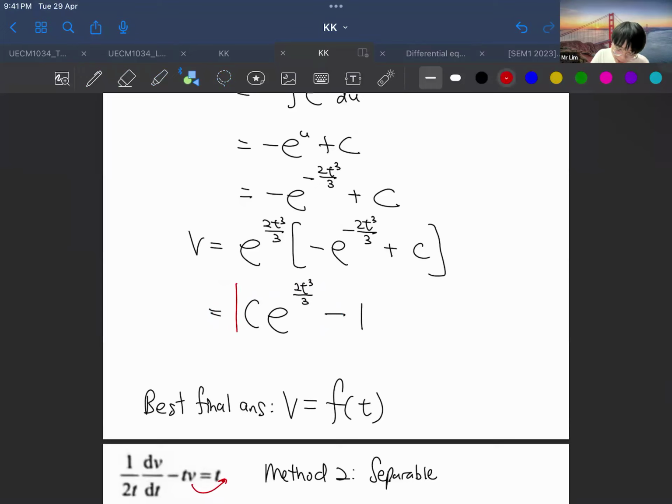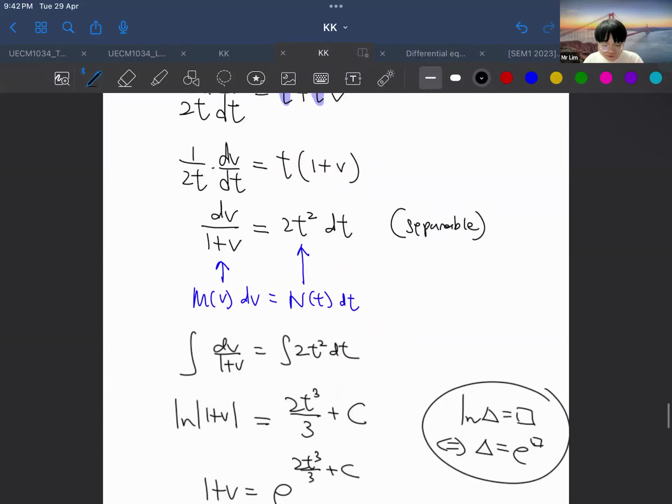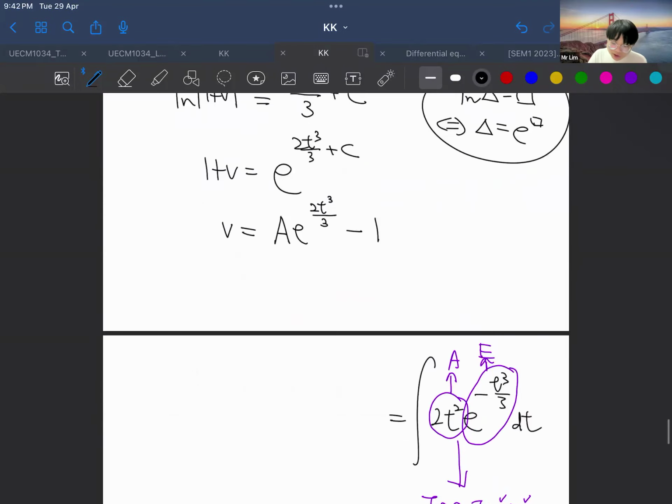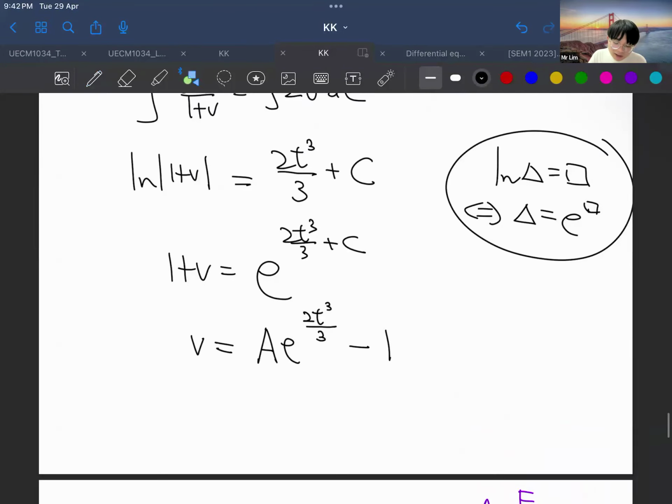I'm thinking that this question is quite easy, but yeah, it takes some time. Took about half an hour to figure it out. So I wouldn't say that it's easier, but I should be very careful. But not very difficult. So c e to the 2t cubed over 3 minus 1, and if you compare to this final answer, the only difference is just at the alphabet.